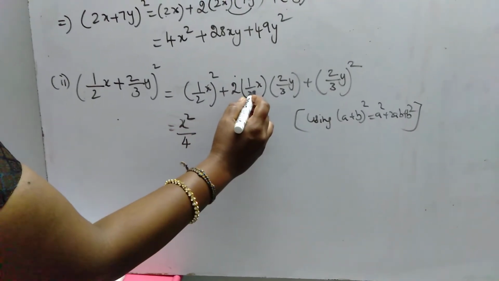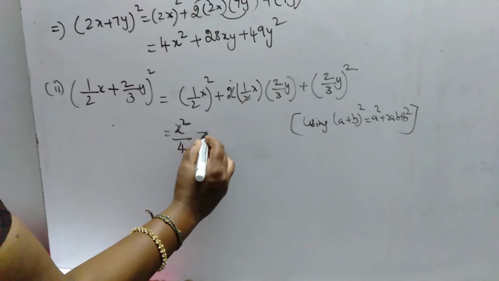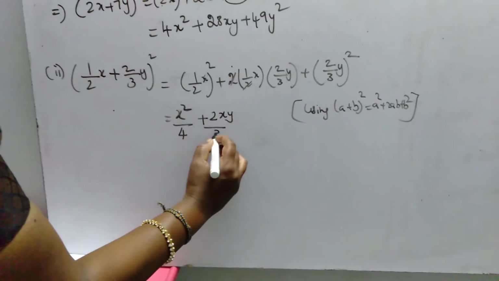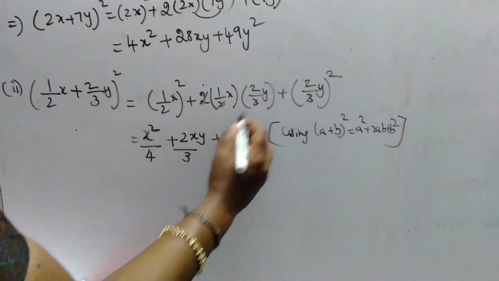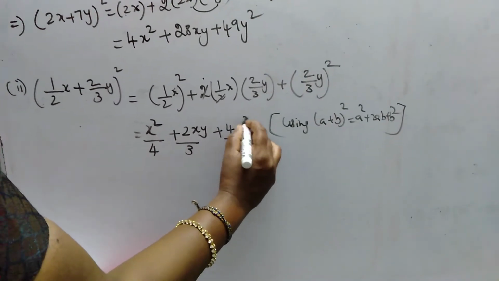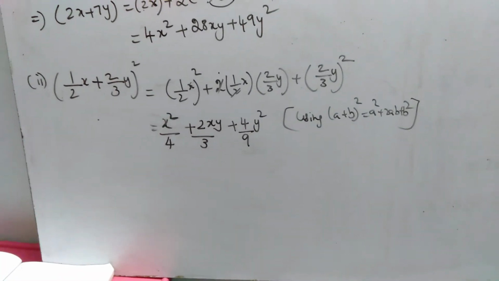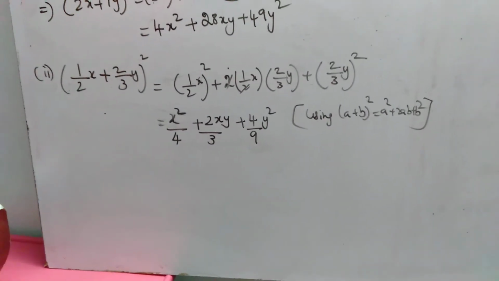Then if you cancel this 2, what remains in the numerator is plus 2xy by 3, that is 2 by 3 xy. Then plus 2 square is 4 and 3 square is 9, so 4y square by 9. This is the expansion of (1 by 2x + 2 by 3y) the whole square.